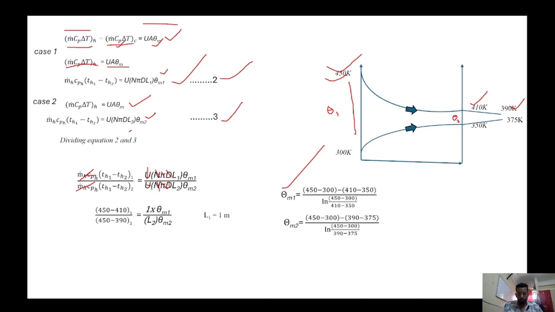Sorry, this is theta 1, this is theta 2 for case 1. This is theta 1 and this is theta 2 for case 2.